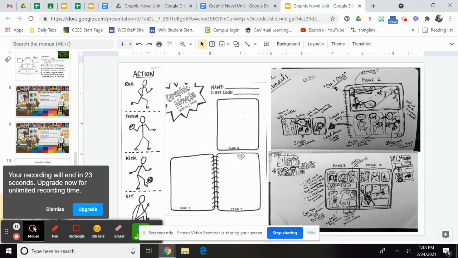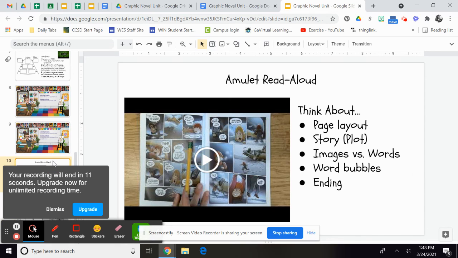But the next 2 days, you're going to work only on creating your thumbnail sketches for your 7 pages. I also want to make sure that you listen to this read aloud of Amulet. This will help give you some ideas for layout.